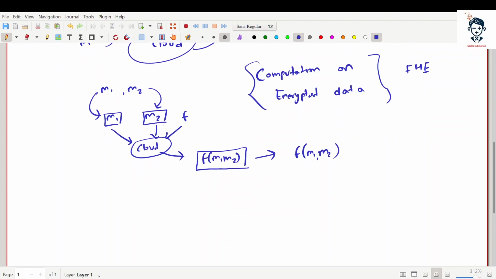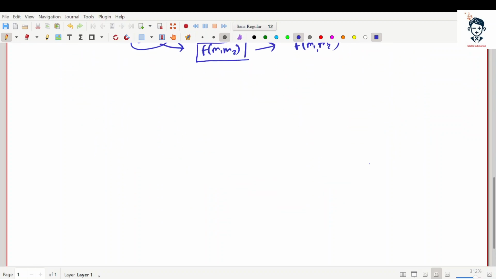Now let us come back. What is MPC, multi-party computation? Here also the same thing is going to happen. There are some parties. Parties means there are some persons, or some companies, which want to compute something.